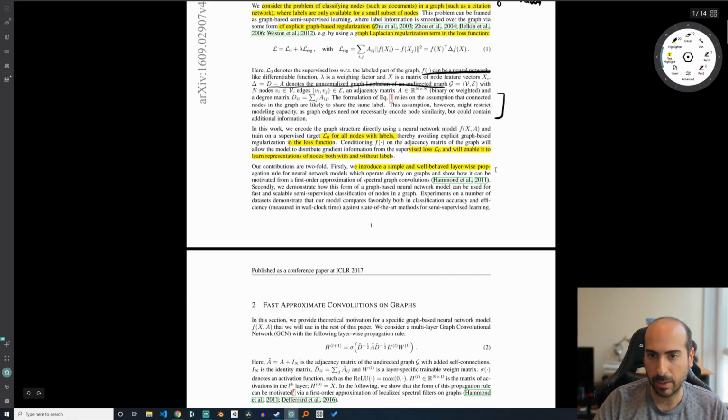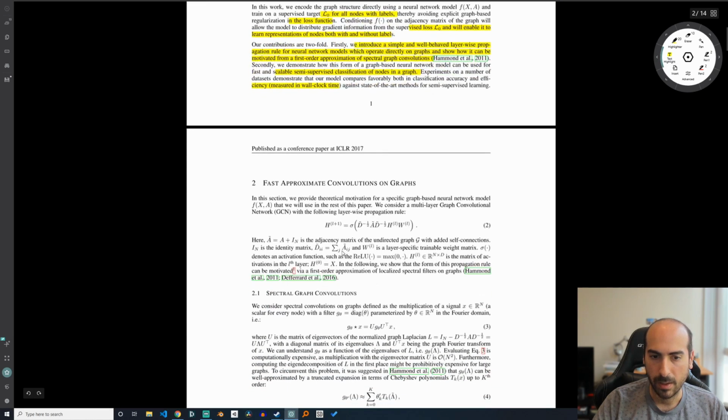First, we introduce a simple, well-behaved layer-wise propagation rule for neural network models which operate directly on graphs and show how it can be motivated from a first-order approximation of spectral graph convolutions. Secondly, we show how this form of graph-based neural network model can be used for fast and scalable semi-supervised classification of nodes in a graph. Experiments on a number of datasets demonstrate that our model compares favorably in efficiency, measured in wall-clock time, against state-of-the-art methods for semi-supervised learning.